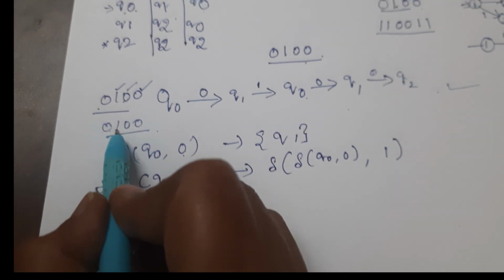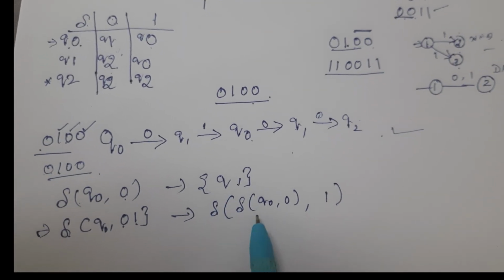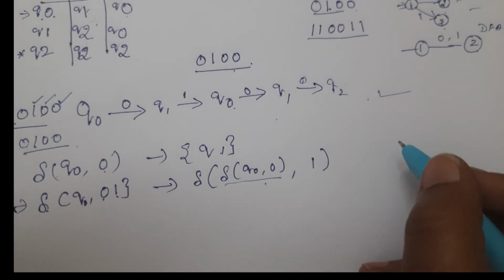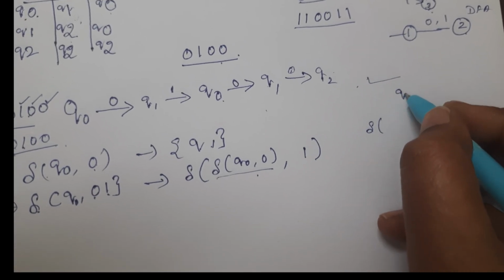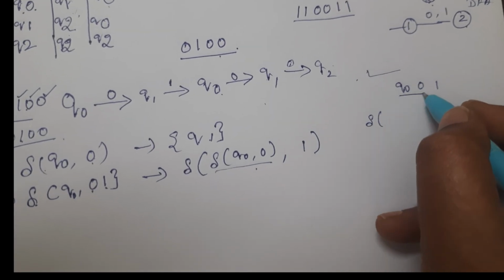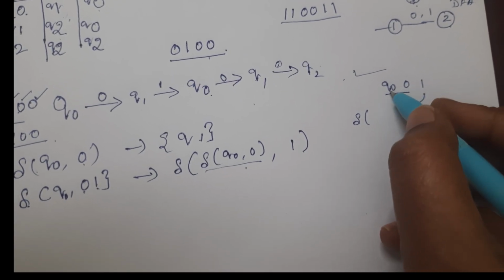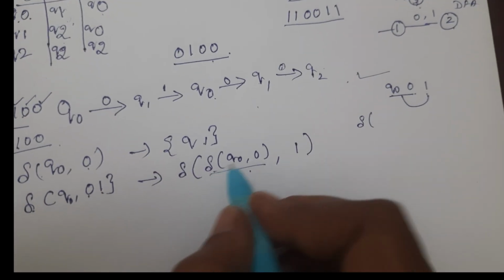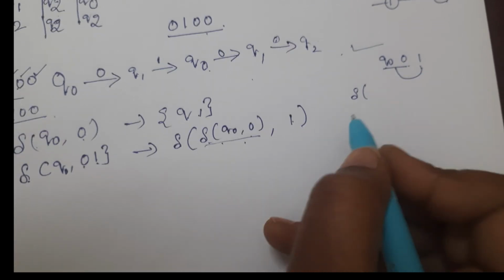The first input I have already processed, so I just bring it in here. To process Q0 on 0 comma 1, I first check this, and from this output I have to apply 1. So I am replacing this and adding 1 here.